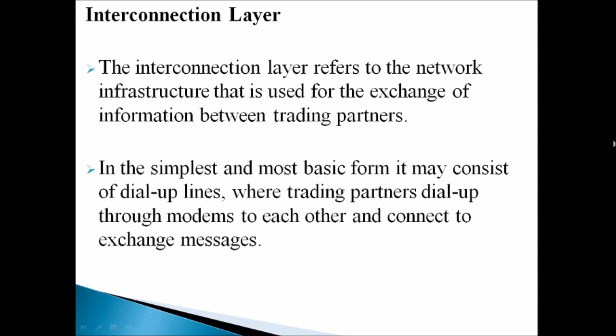It refers to the network infrastructure that is used for the exchange of information between trading partners. It may consist of dial-up lines and leased lines. Dial-up lines means the trading partners dial up through modems to each other and connect to exchange their messages.